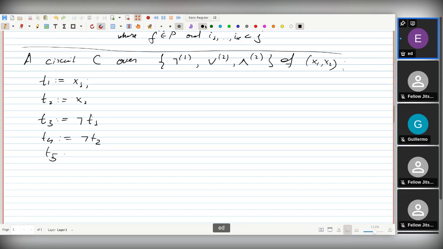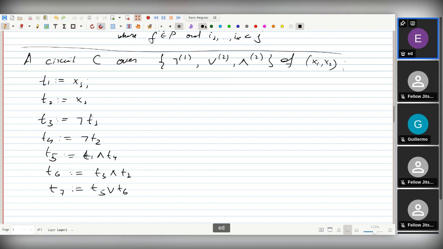T5 is T1 conjunction T4. T6 is T3 and T2. And T7 is T5 disjunction T6.